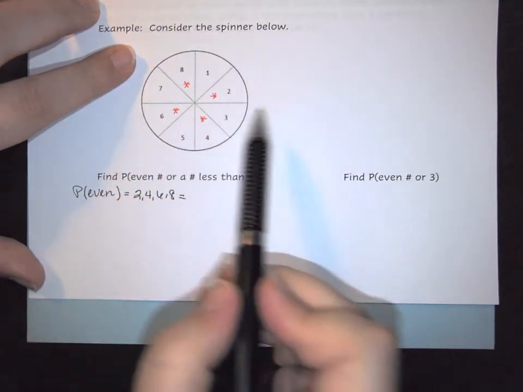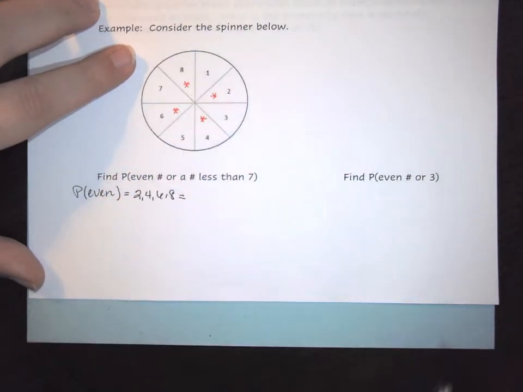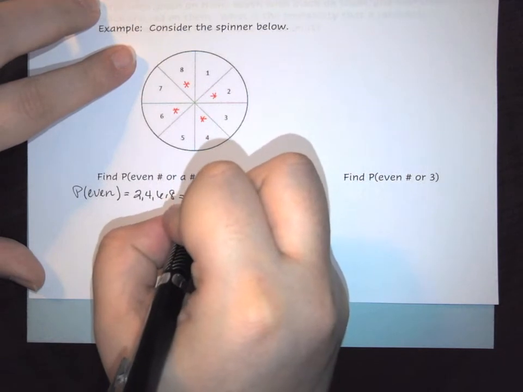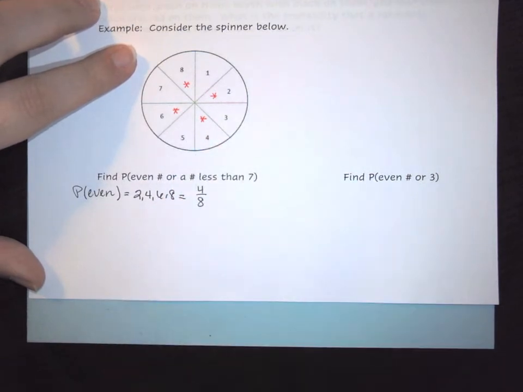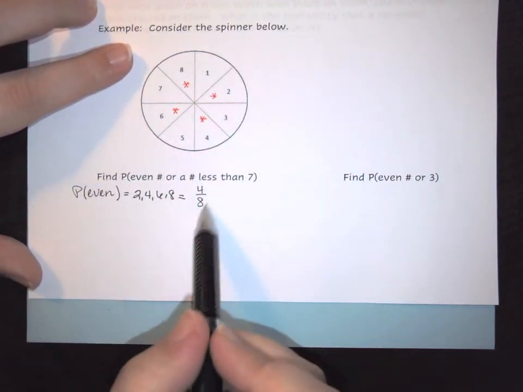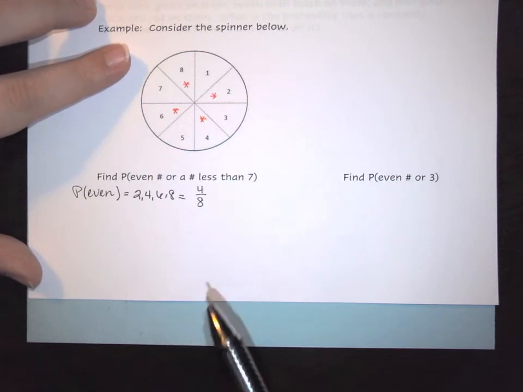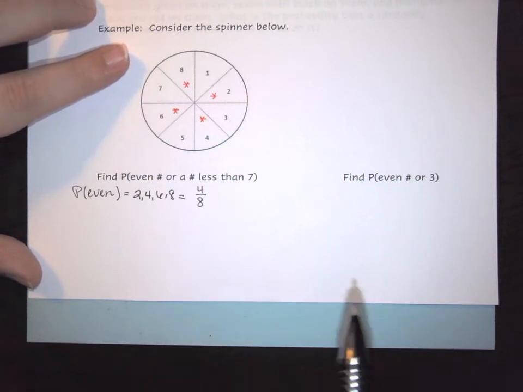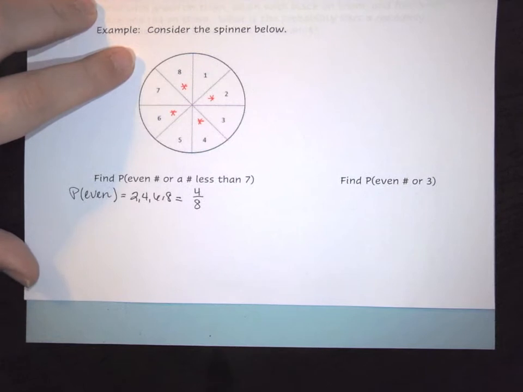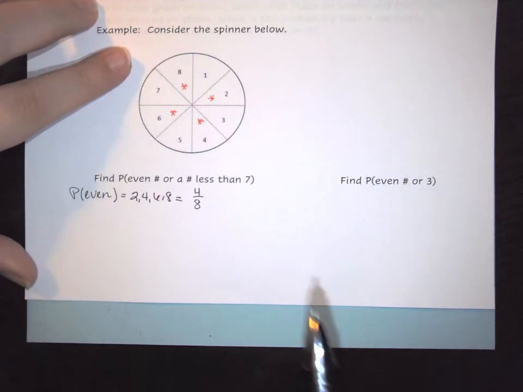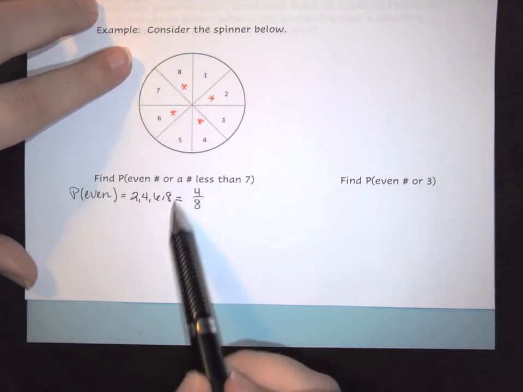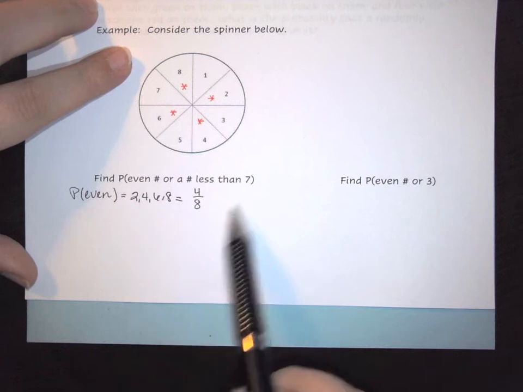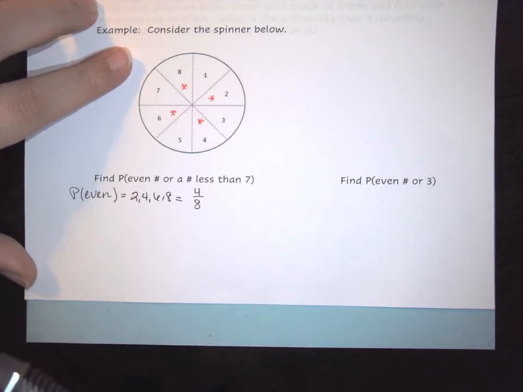So when we look at that, that's 4 choices over 8 possible choices. So I would have 4 over 8 as my probability. Now I would leave it like this because we have to remember your basic rules for adding fractions, which state you need a common denominator. So in this case, because I'm going to be combining fractions together, I don't want to simplify just yet.